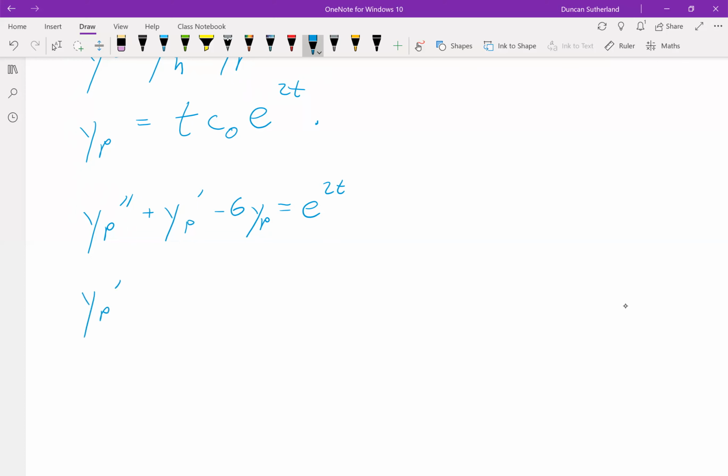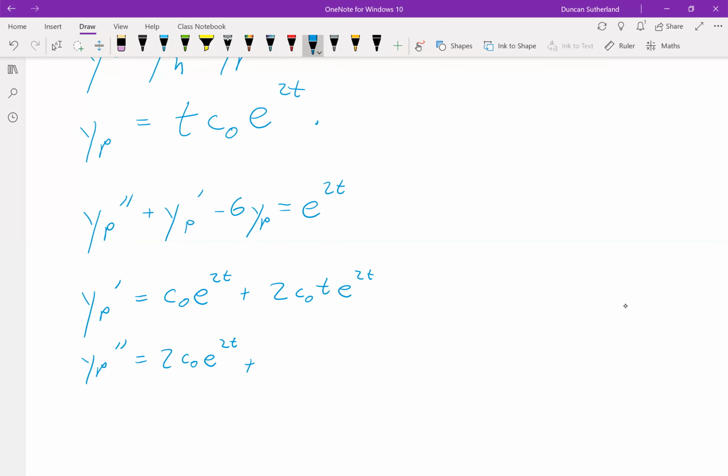Yp prime, it's a product rule. Differentiate the first one, leave the second one alone. Differentiate the second one, leave the first one alone. Yp double prime. That's no longer a product rule, it's just a straight up derivative. This is a product rule. We've got to take care of it by the product rule again.